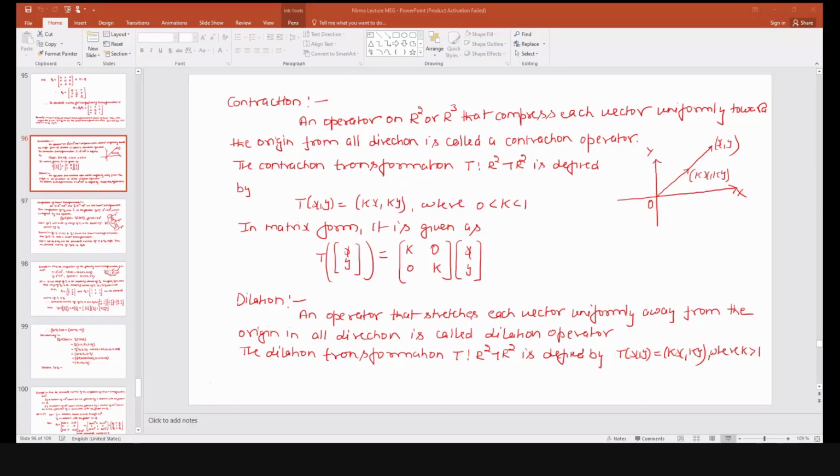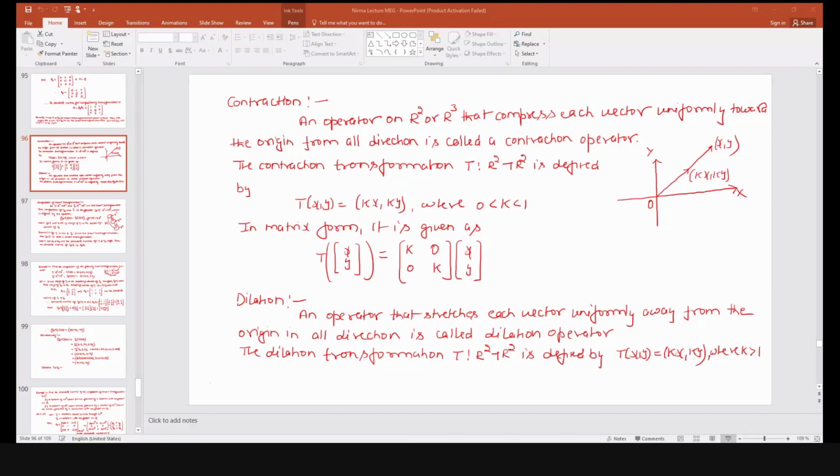Then dilations. Dilation is the reverse of contraction. It means an operator that stretches each vector uniformly away from the origin in all directions is called a dilation operator.